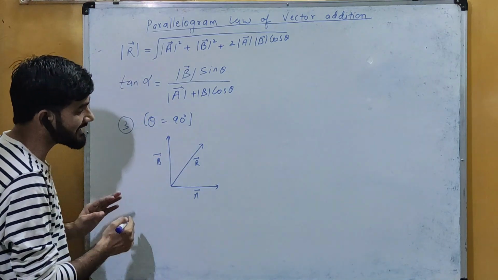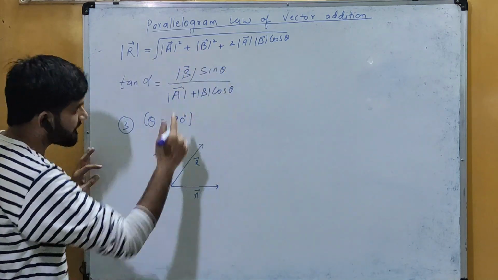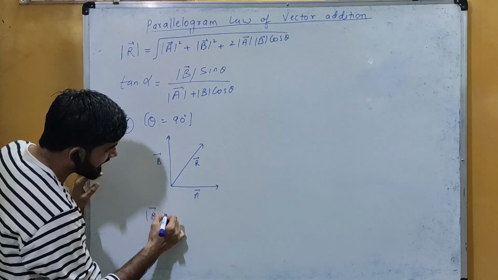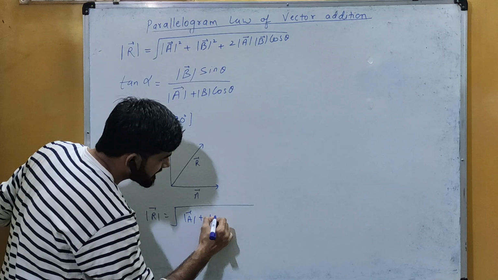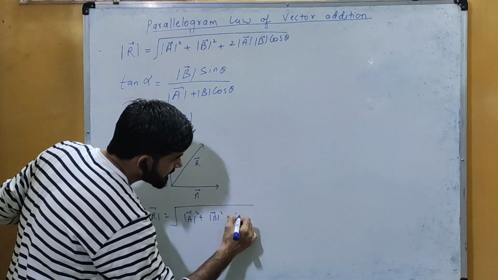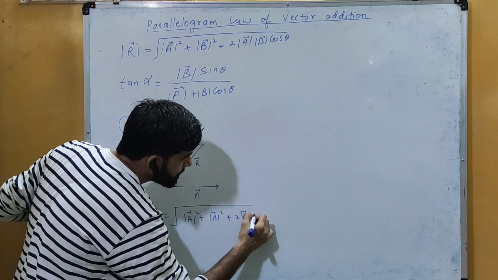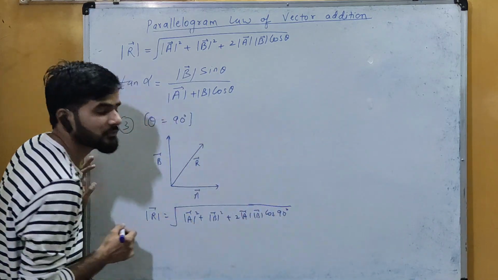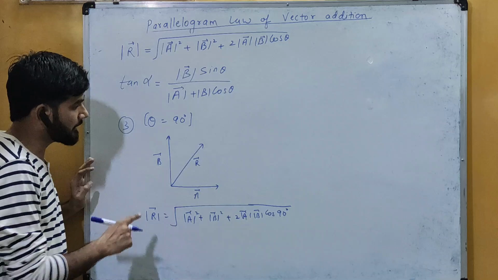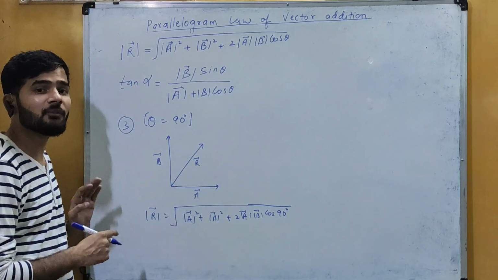Now in this case, how can we find the resultant? We can find it by using the formula R is equal to root of A square plus B square plus 2AB cos theta. Now in place of theta, I am writing 90 degree because both the vectors are inclined at an angle of 90 degree.